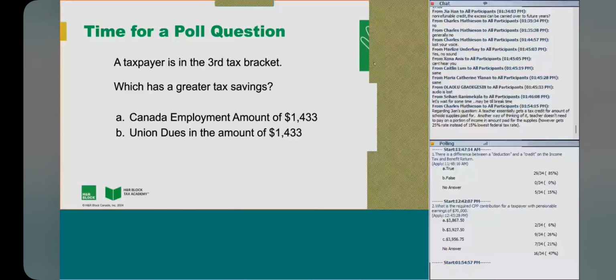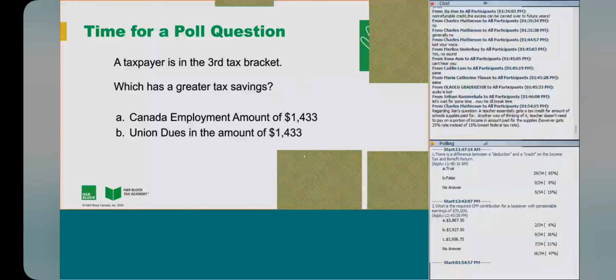Now, this might seem academic, but sometimes someone has the option of claiming a deduction or a credit, or the deduction they can claim in this year or a different year, or the credit they can claim in this year or a different year. And they want to know which one's going to be more beneficial. That's why this kind of question is important.